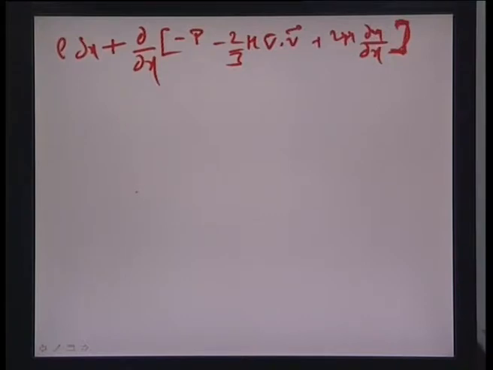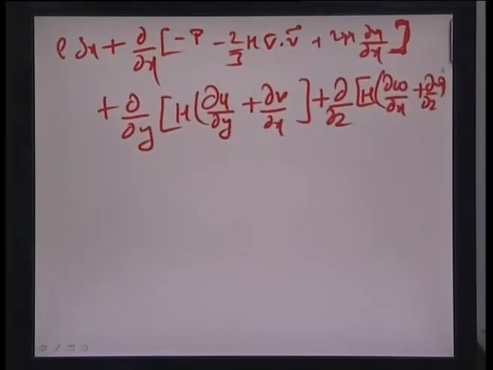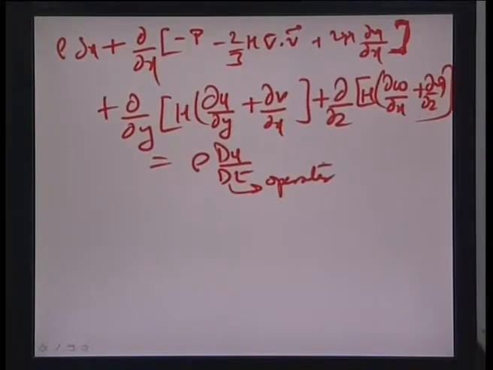So, del by del x of sigma xx plus del by del y of tau yx, which can be represented from the angular deformation equation as mu times del u by del y plus del v by del x, and plus del by del z of tau zx, which can again be defined from the angular deformation equation as mu times del w by del x plus del u by del z respectively. This is equated in general to rho du by dt, which as I told you is essentially an operator. That is how you represent this equation.